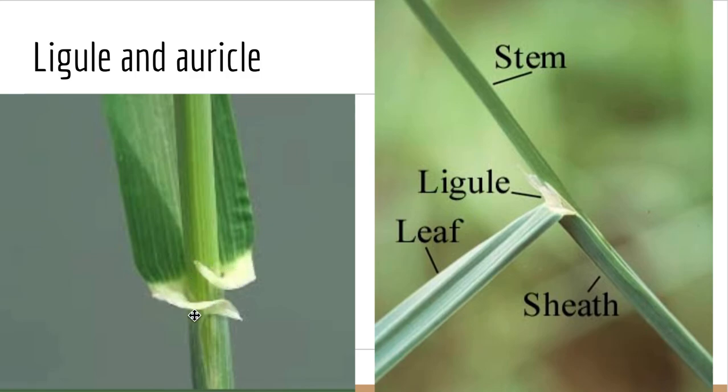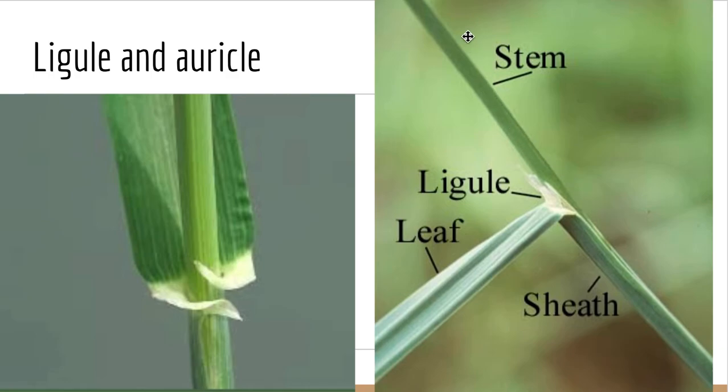You can have various different types of auricles. I'll go into more detail in a later slide. However, this is why it's important to have a hand lens, because it's really hard to see auricles and ligules with the naked eye, and it's really helpful to get a hand lens to help you identify grasses.